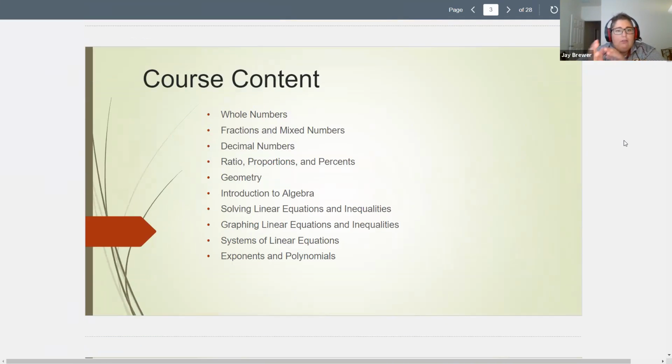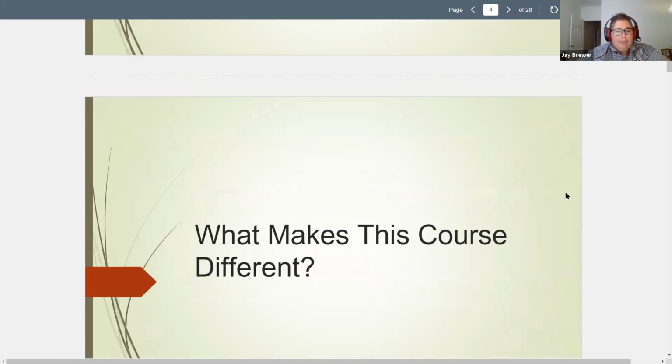Course content. The course content, like I said before, will be whole numbers, fractions and mixed numbers, decimal numbers, ratios, proportions and percents, some geometry, introduction to algebra, solving linear equations and inequalities, graphing linear equations and inequalities, and systems of linear equations and exponents and polynomials.